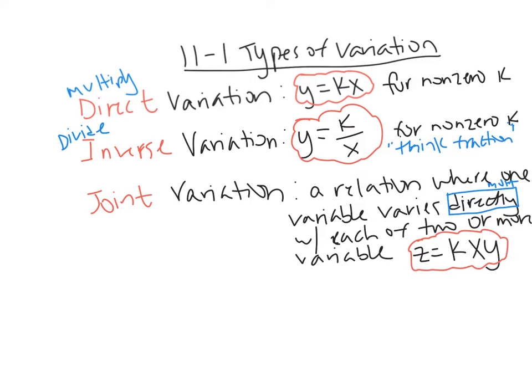And the last type of variation we're going to talk about is called combined variation.